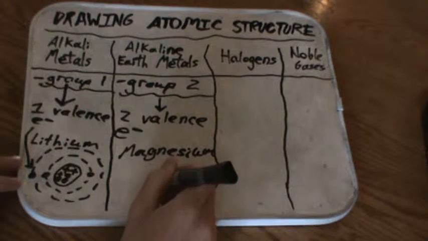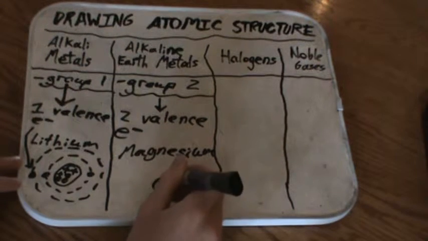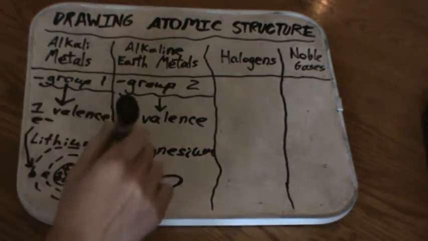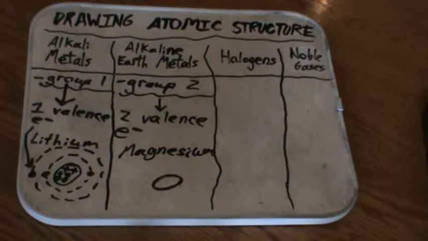By the way, one thing I forgot to mention is that this idea of the energy levels being circles is not technically the way it is, but it is the way I want you to perceive atoms for now on this channel.